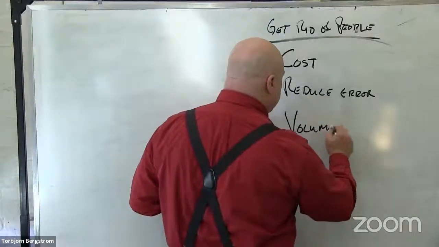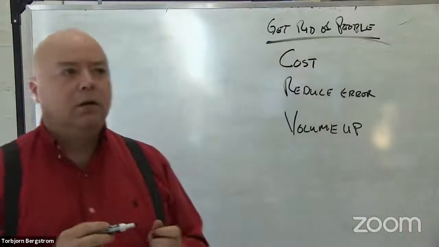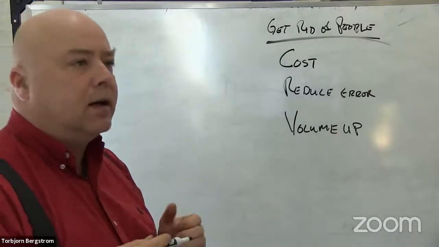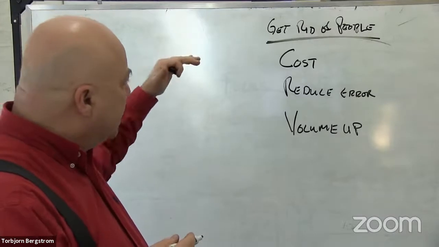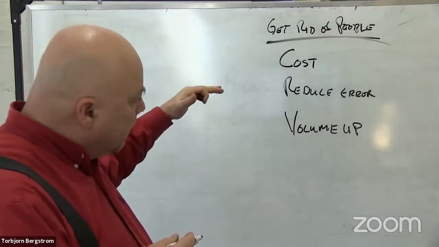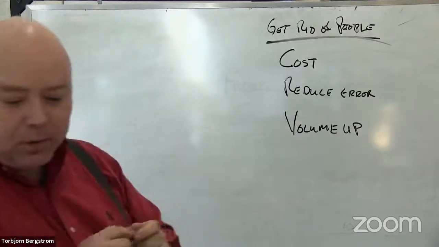You can make the volume go up at the same cost. So it's roughly the same as making the cost go down, I think. We want to get rid of people to make the cost go down, reduce human error, increase the volume. Is there any other reason we want to get rid of people?